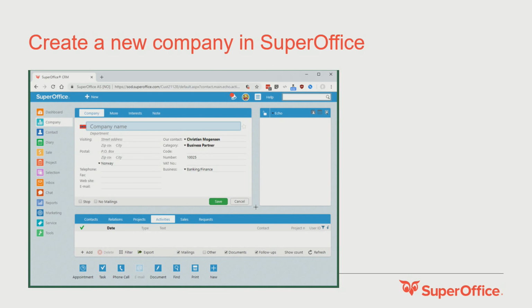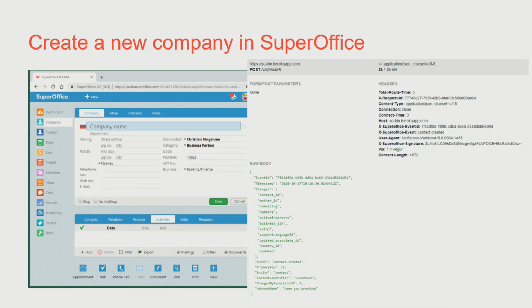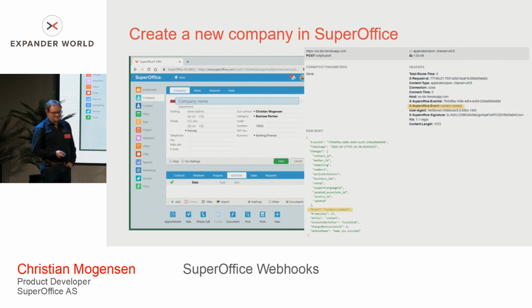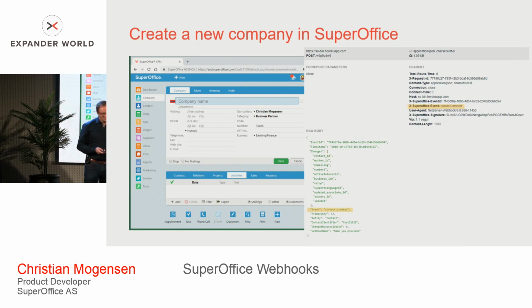So then if we actually go and do something in SuperOffice, we get the event received in the bucket. We'll get a header that says this is the event that happened, and the event ID. And there you see the SuperOffice signature also in the headers, which is a base64 hash of the body.